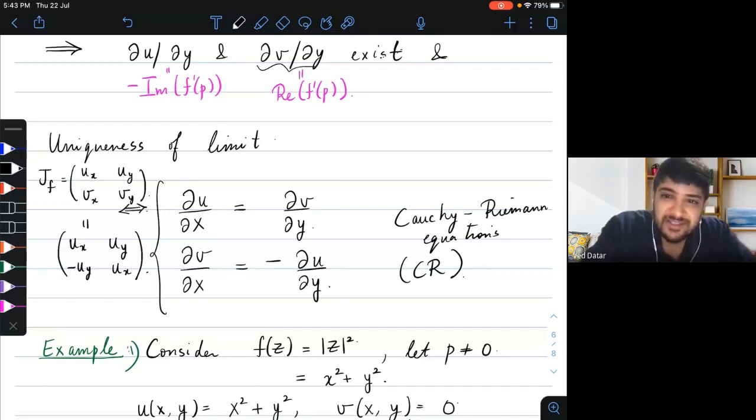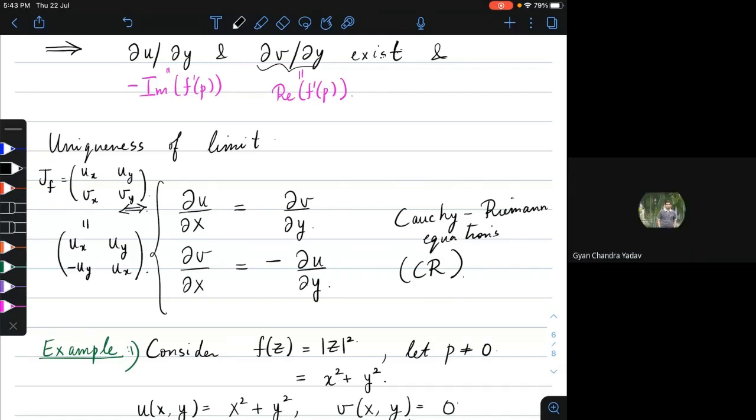So in other words, it's a skew matrix. The diagonal terms are the same, and the off-diagonal terms are negatives of each other, right? So that is equivalent to the Cauchy-Riemann equations being satisfied. Its determinant is mod f prime squared.